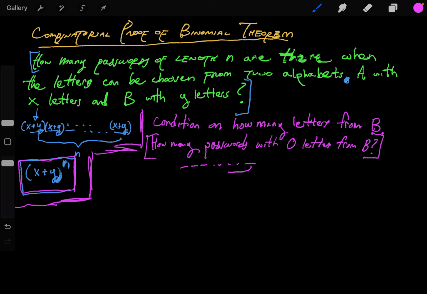The password is still of length n, and all of the letters are from A. So this slot here is only X choices now, and there's only X choices for the next one, and X choices, and keep going. That means that if there's none of the letters from B, there's X to the n possible passwords.